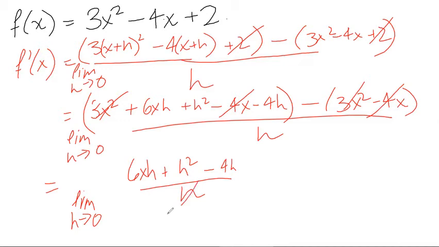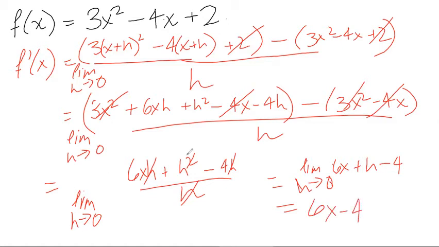Well, we can actually just divide out the h's, and this simplifies down to the limit as h approaches 0 of 6x plus 3h minus 4, which if we plug in 0 for h, we get 6x minus 4.